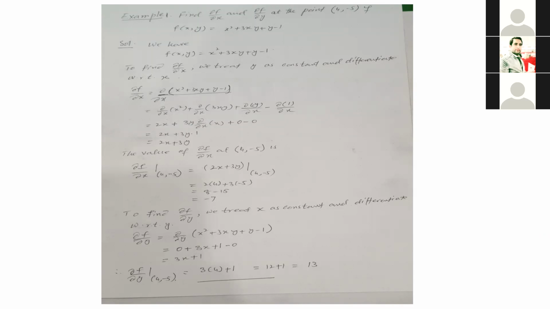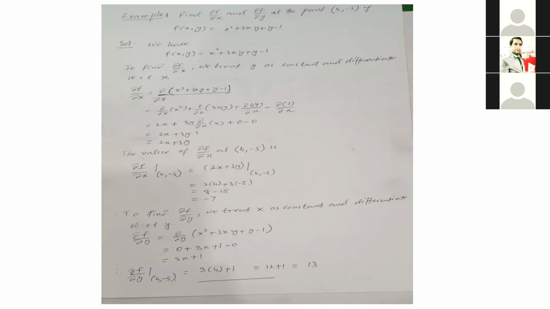Now apply the sum rule. First differentiate x square, then differentiate 3xy, plus differentiate y with respect to x, and plus differentiate this minus 1 with respect to x.